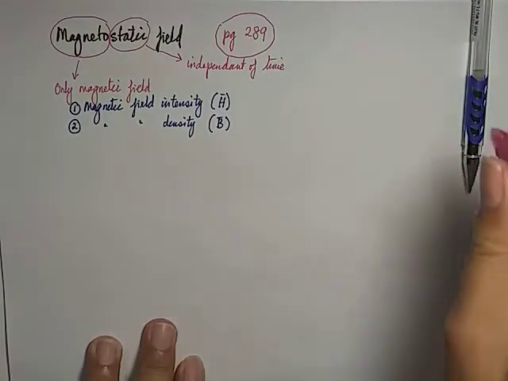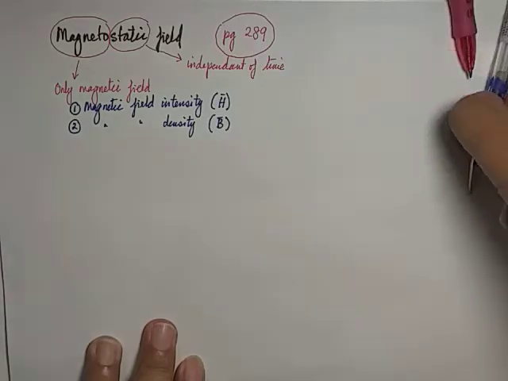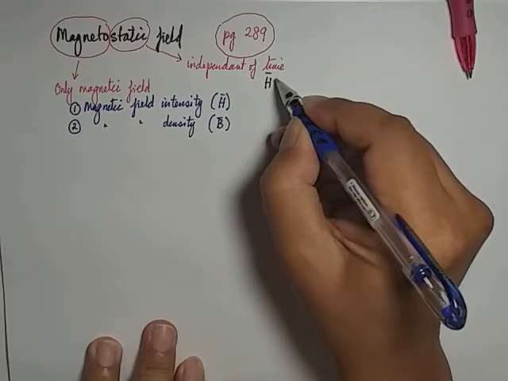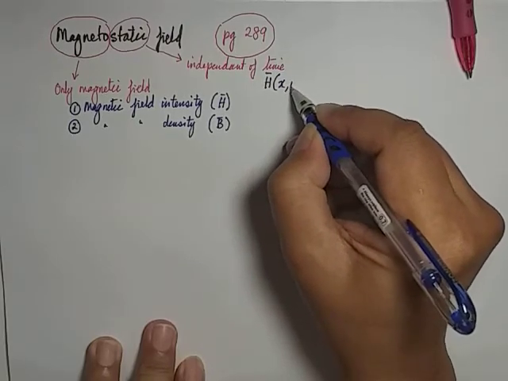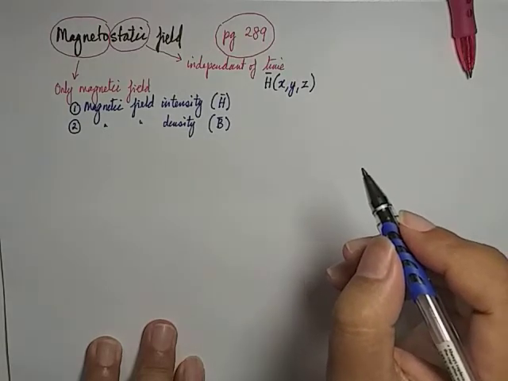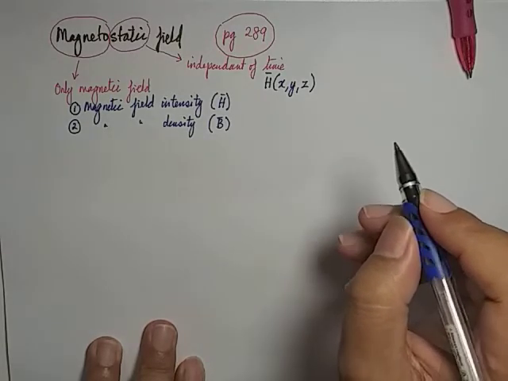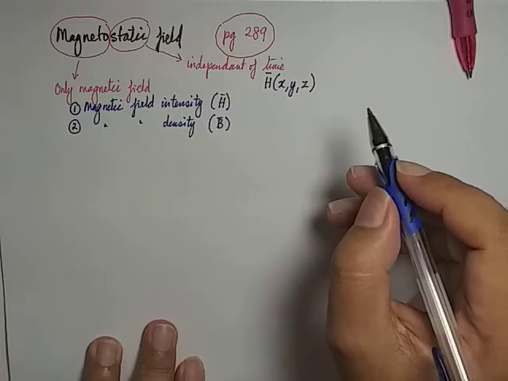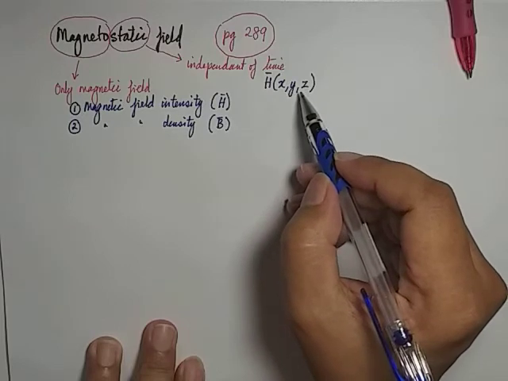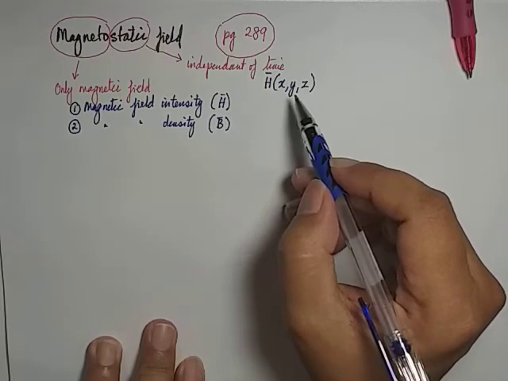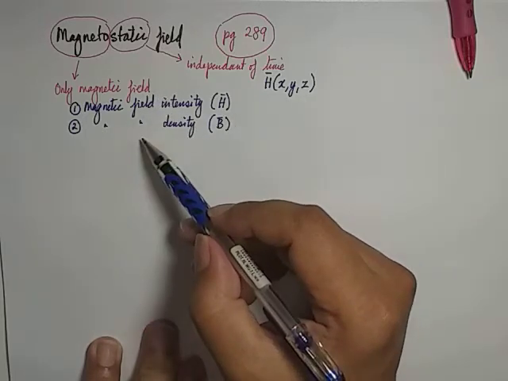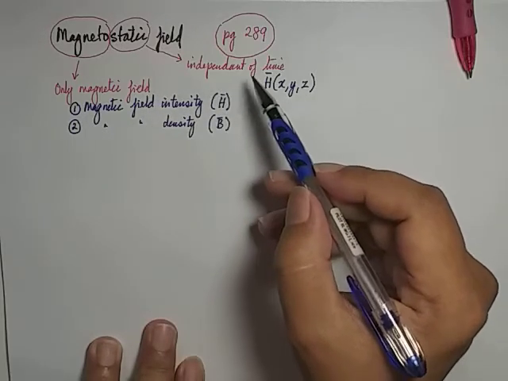So whatever field we represent, for example H, is going to be a function of X, Y, and Z only if we are using the Cartesian coordinate system. If you are using a cylindrical coordinate system, H is only a function of r, phi, and z. So no t in our mathematical model, because for magnetostatic, the magnetic field is independent of time.